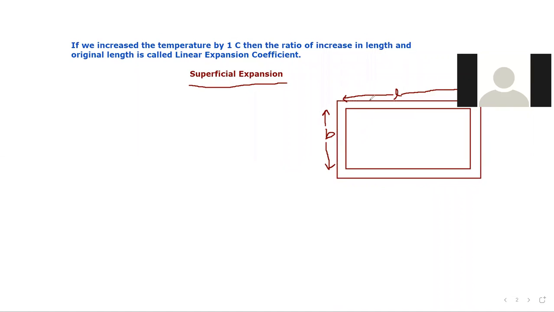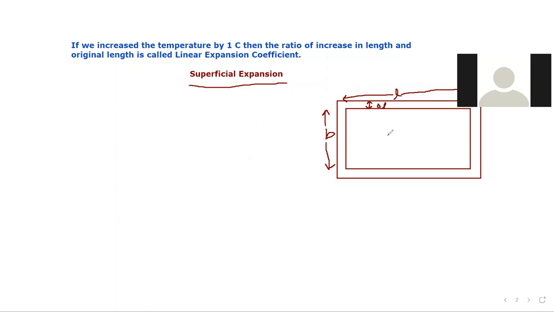Now the increase in length is delta L. It means when we increase the temperature, the length is increased and the breadth is increased.